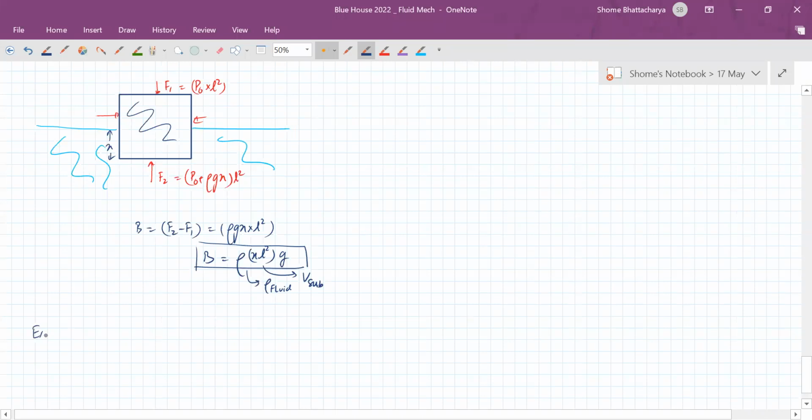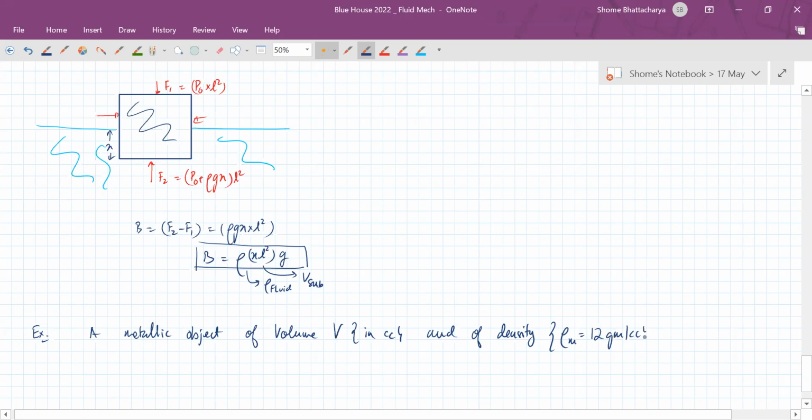We have a metallic object of volume V in cubic centimeters, and the density of the metal is, let's say, 12 gram per cc.